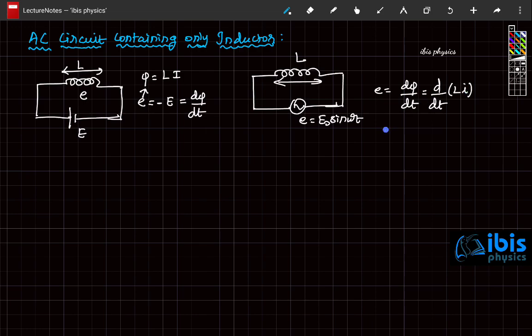So EMF is equal to L into di by dt, which means that di is equal to E by L into dt.